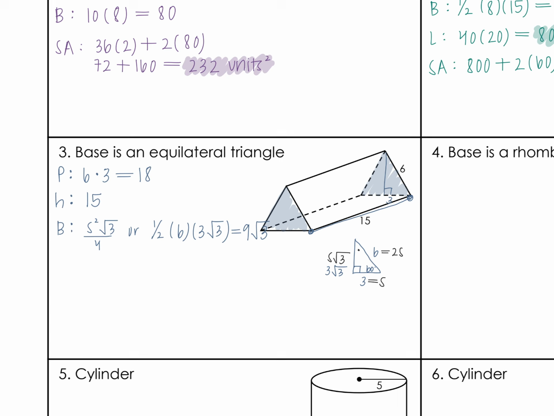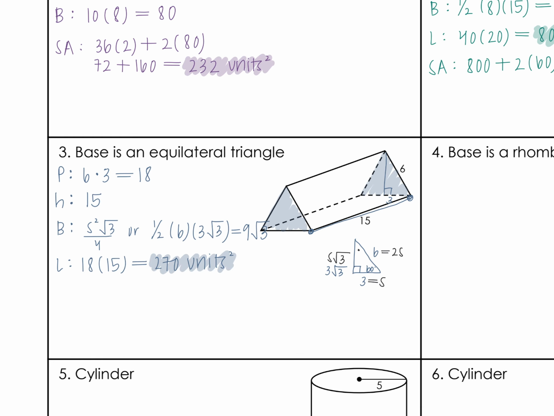Okay, now that we have everything, we can plug in to our lateral formula. We have our 18 times 15. And when you multiply those two together, you should get 270. We'll have our units squared since this is going to be an answer that they were asking us for.